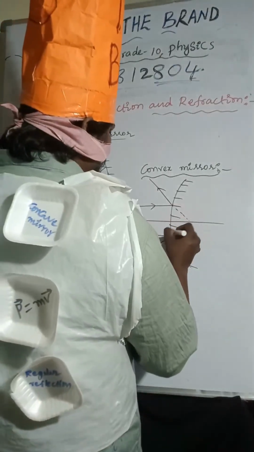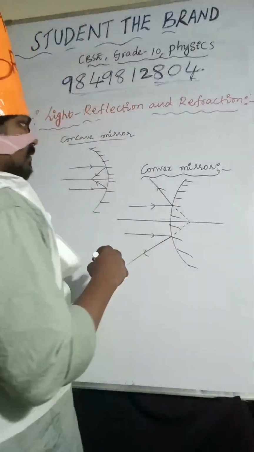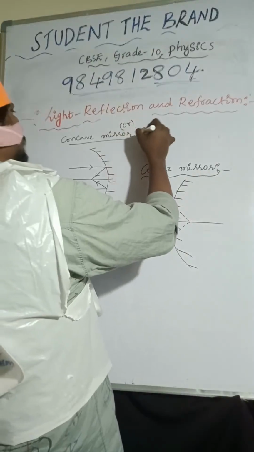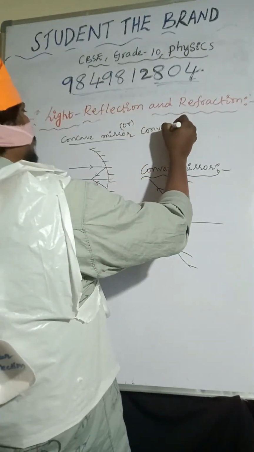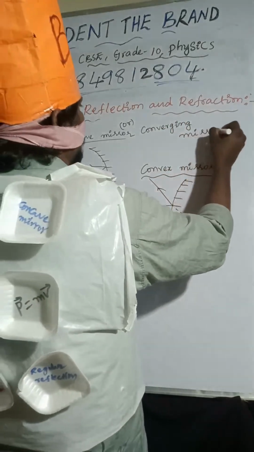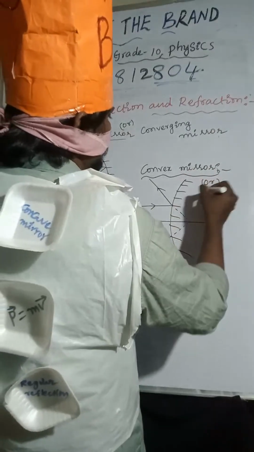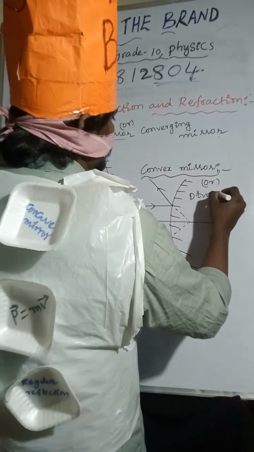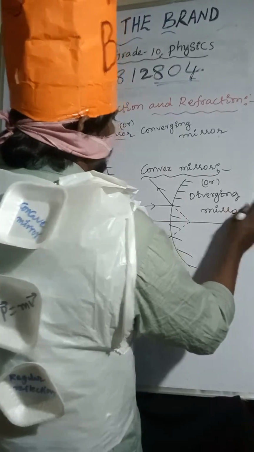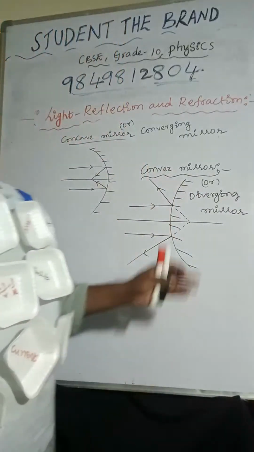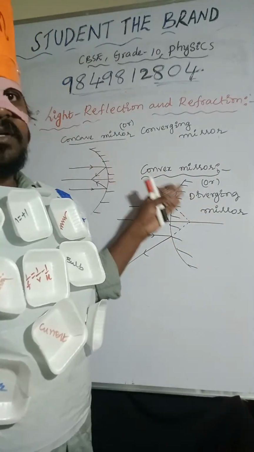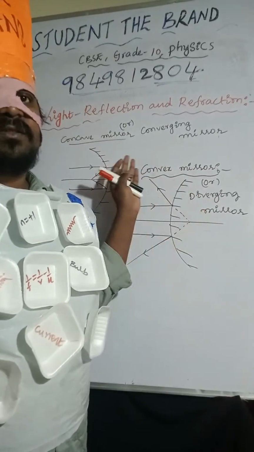Okay, so if extended, those will meet at one point. So the concave mirror is also known as the converging mirror. And the convex mirror is also known as the diverging mirror. Okay, the concave mirror is also known as the converging mirror, whereas the convex mirror is also known as the diverging mirror. So based on converging nature and diverging nature, we divided them into two types.